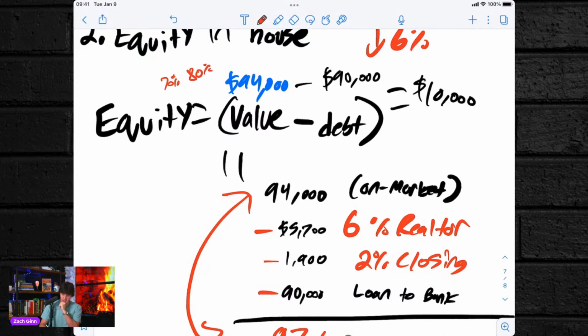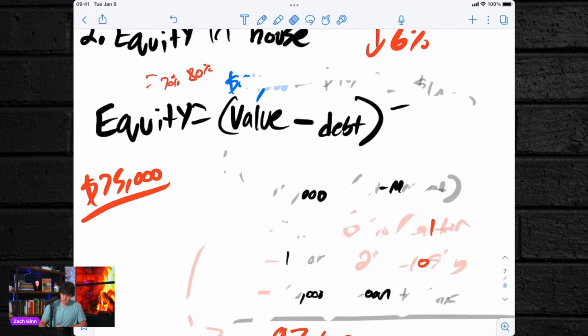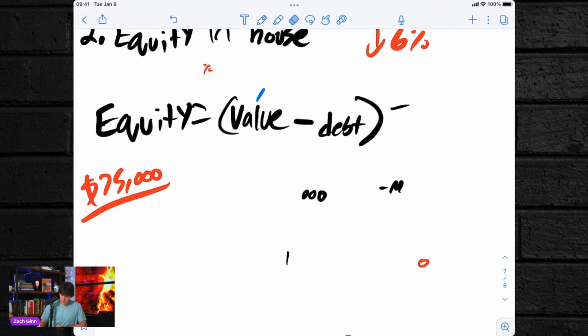So if let's do 80%, just to be nice, most cash buyers are going to say, I need to buy this thing for 75K. They owe 90, right? So I'm just kind of doing the numbers here. It's like, uh-oh, right?